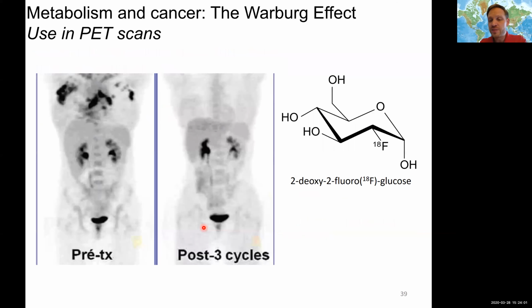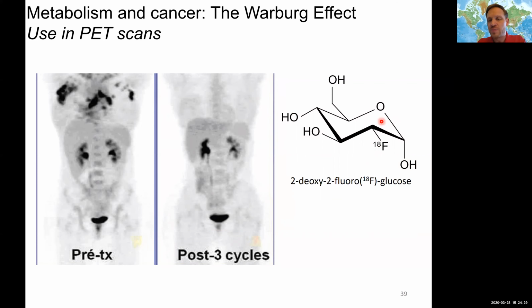It actually already is used in PET scans, right? So we're using the high glucose dependency of cancer cells here for cancer tissue diagnosis using PET scans. And so this really builds on what we call the Warburg effect, so this observation from Otto Warburg. And what people are doing here is that they're using a labeled glucose, with a radio-labeled fluoride atom attached to the glucose.